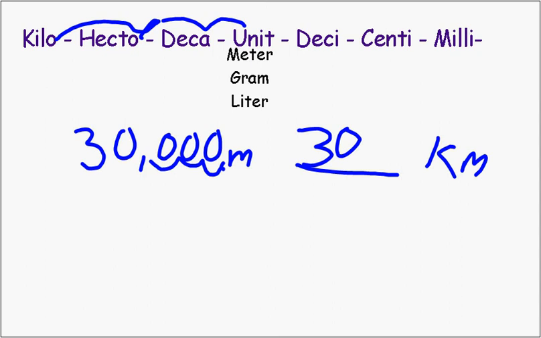Let's take a look at another problem. Let's go the other way here. So let's say I had 2 kilometers, and I wanted to write millimeters. That would be kind of a big one. 2 kilometers to millimeters.